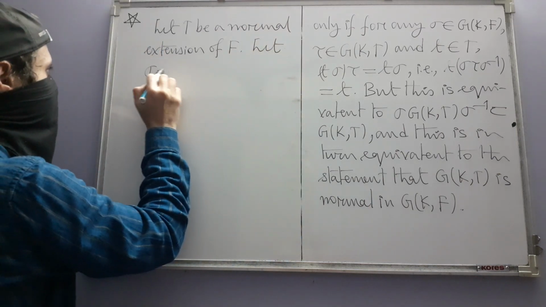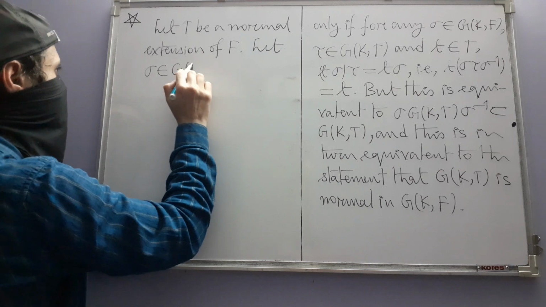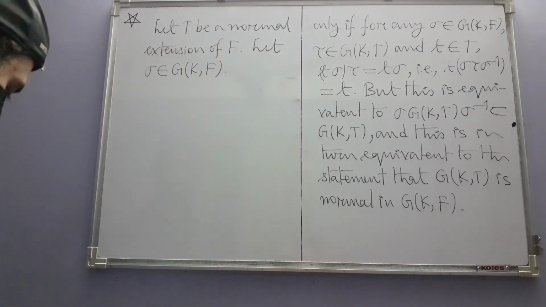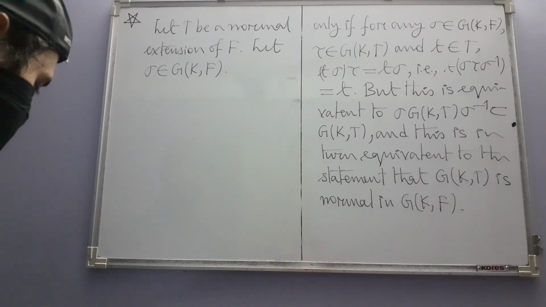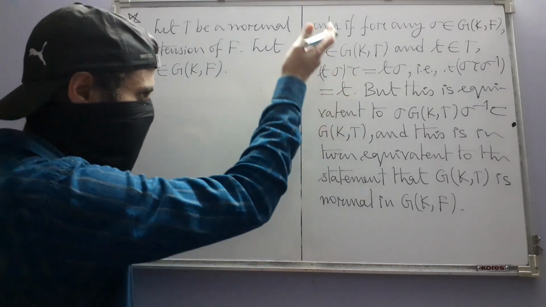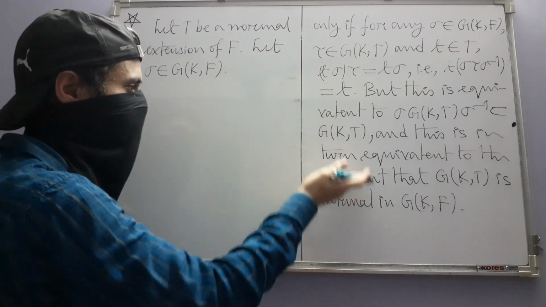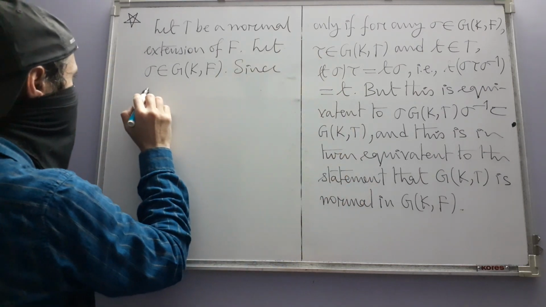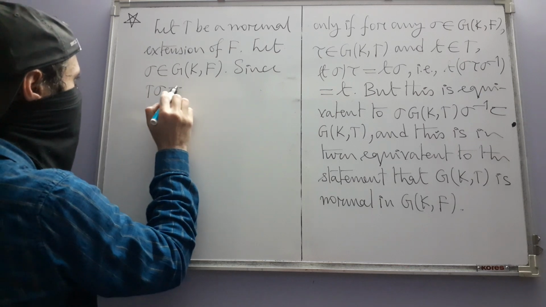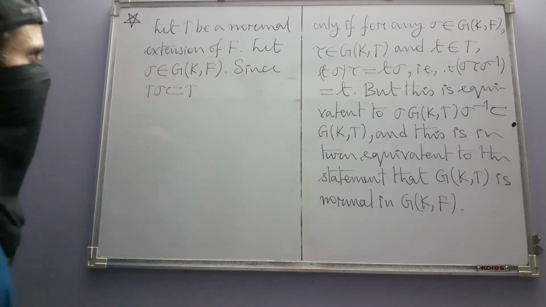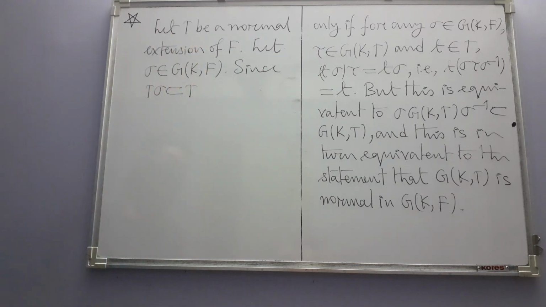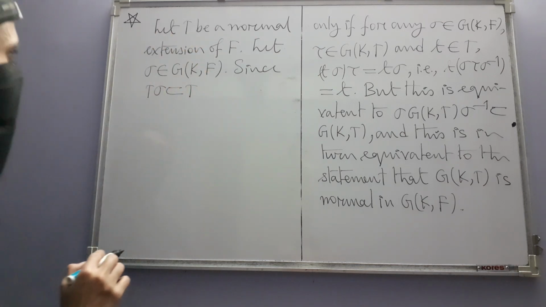Let σ be any element in G(K,F). So we have already seen while proving part 4 that Tσ is going to be contained in T. We have this now, and this comes from the fact that T is a normal extension of F.